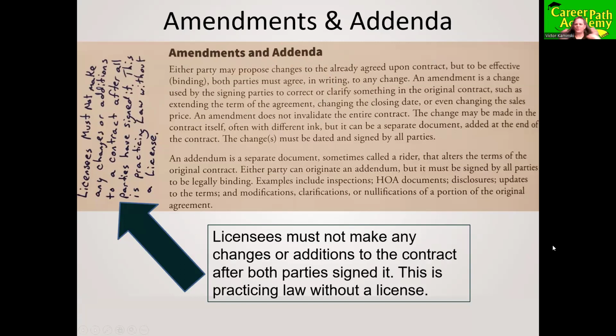Either way, after both parties sign a contract, we can't make any amendments or addenda, or add any additions to the contract, because that would be practicing law without a license. If only one person signed, we can still make changes. Have the other person sign, and then take it back to the original party to initial next to the changes that were made that they didn't originally agree to, so that the contract can continue being valid.